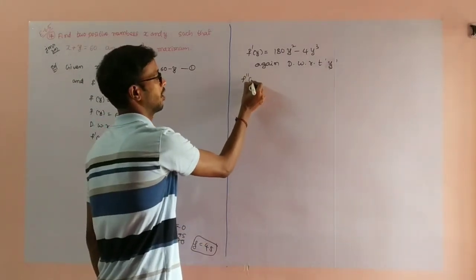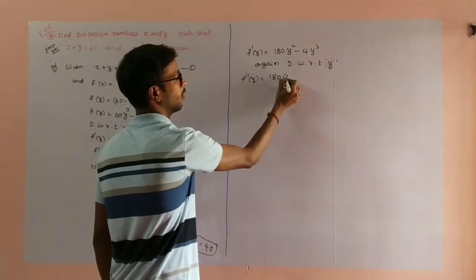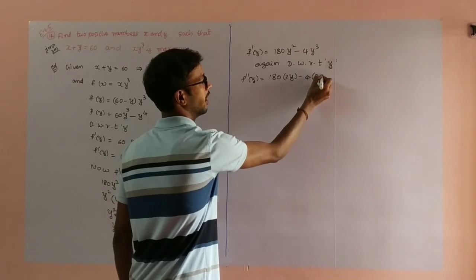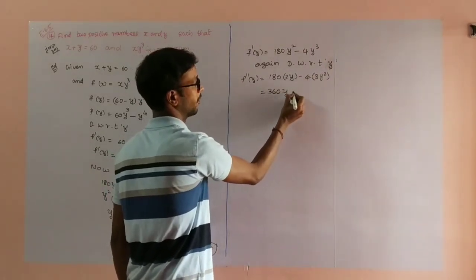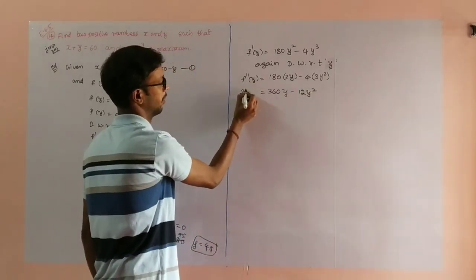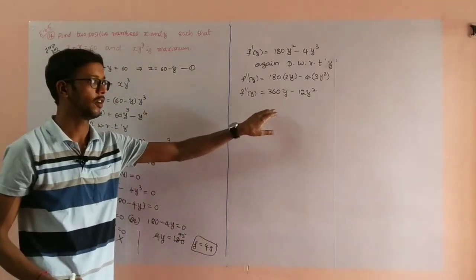F double dash of y is equal to 180 into 2y minus 4 into 3y square. This is 360y minus 12y square. F double dash of y value, so double derivative finding completed.